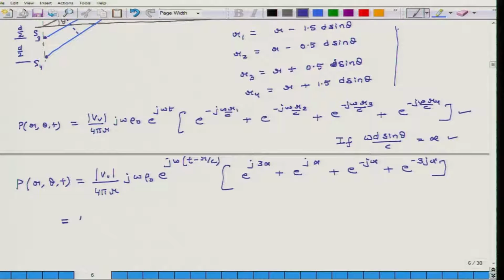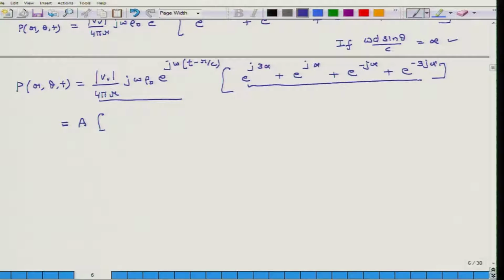So, this is defined as A, and in parenthesis, I will reorganize this.